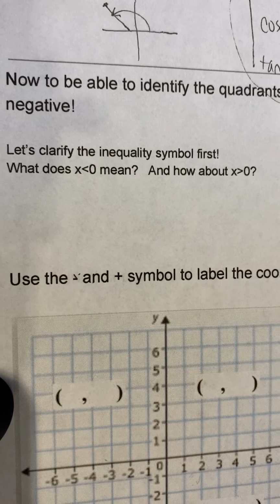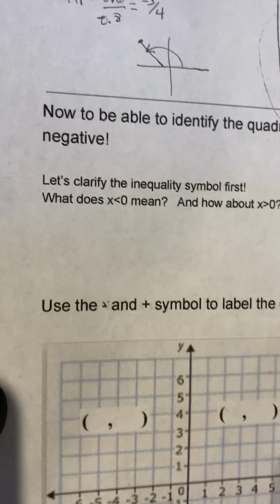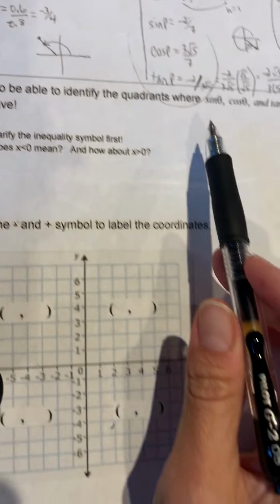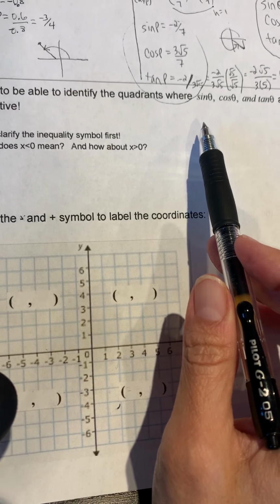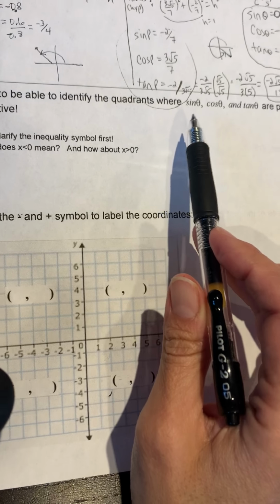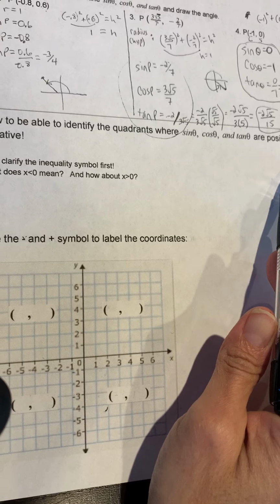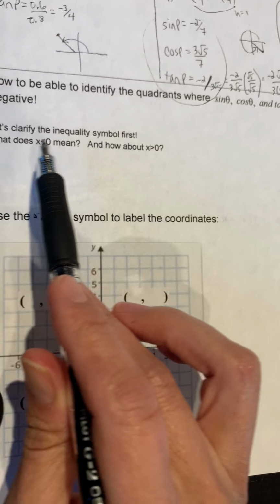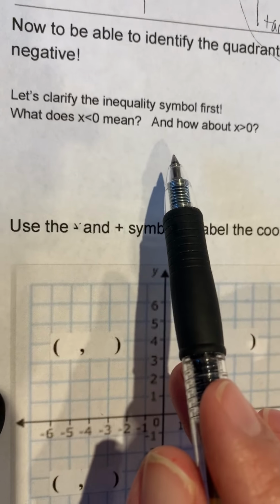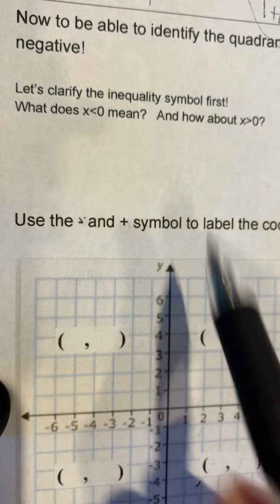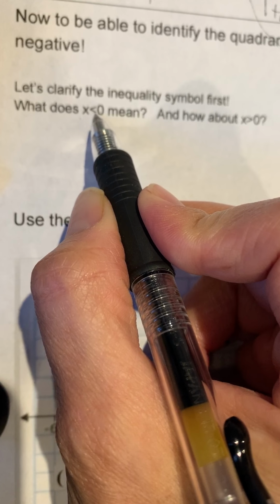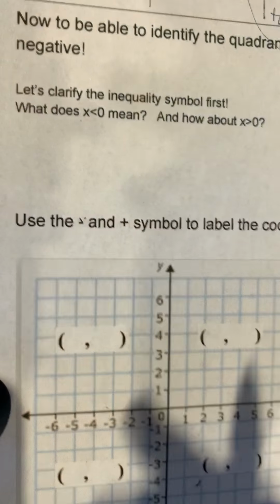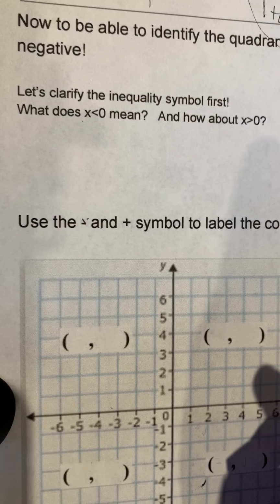Lastly, let's do our next part. Now that we're able to identify the quadrants, we need to be able to identify where the sine, cosine, and tangent are positive or negative. So I just want to clarify something about inequalities that get people really confused. When they say x is this symbol here, 0, people get confused on what that means.